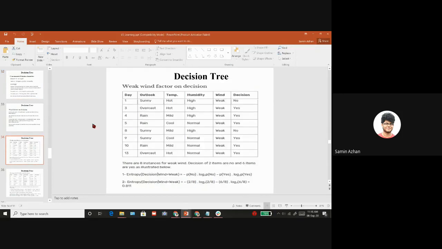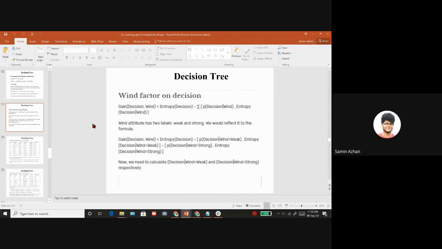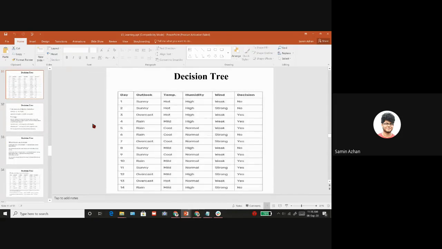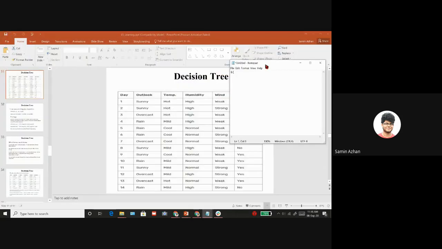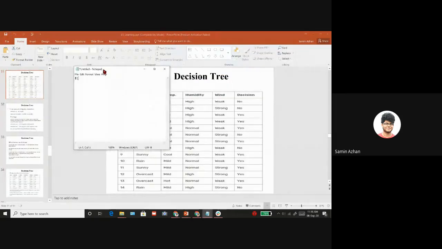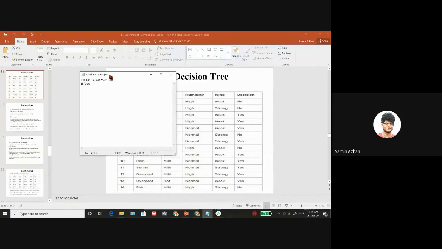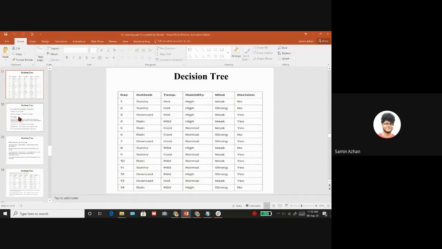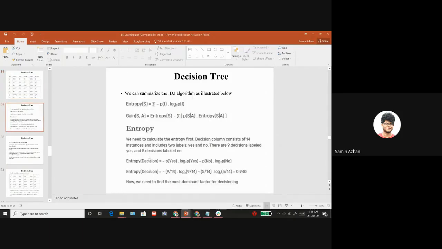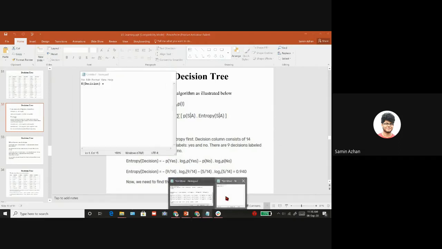Okay, so to calculate the entropy for outlook, we need first the entropy of our decision. So how can we calculate the entropy of decision? If we go to this slide, it gives us the equation for calculating entropy. So let's try and follow that.